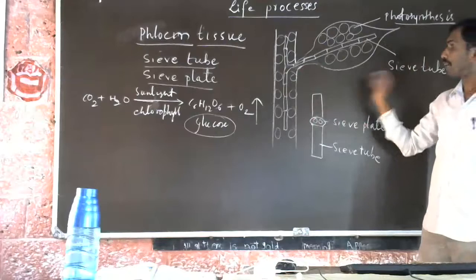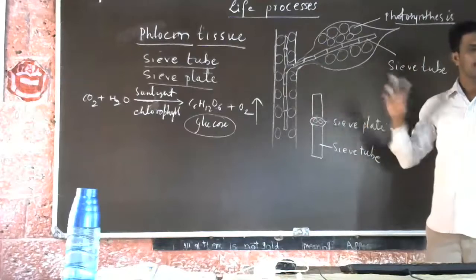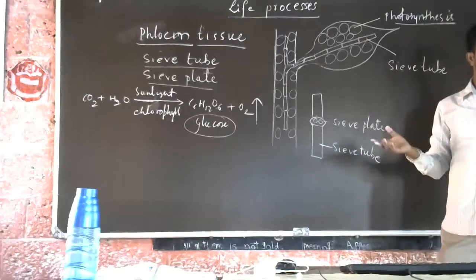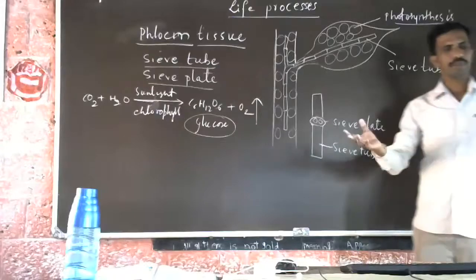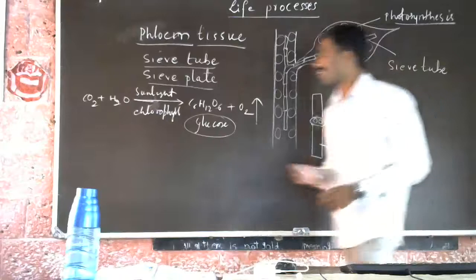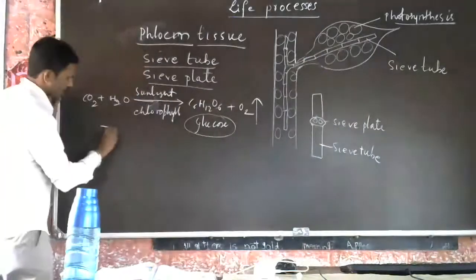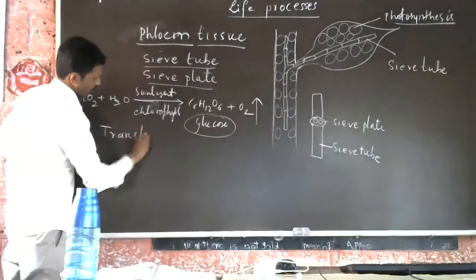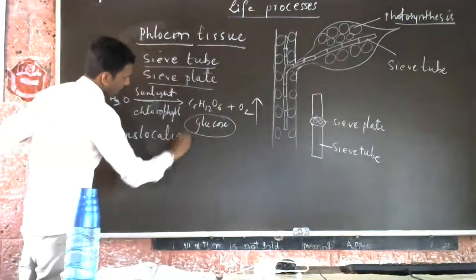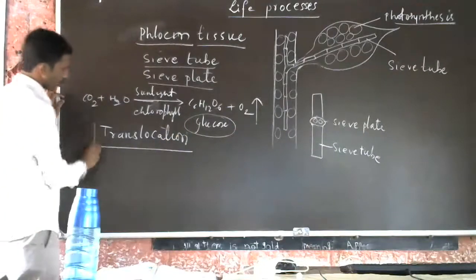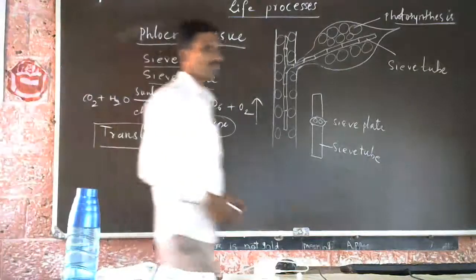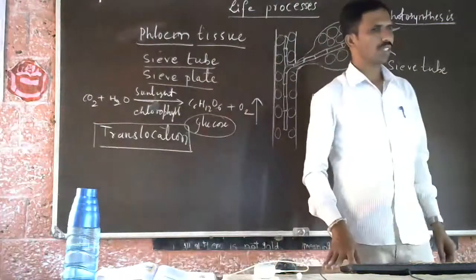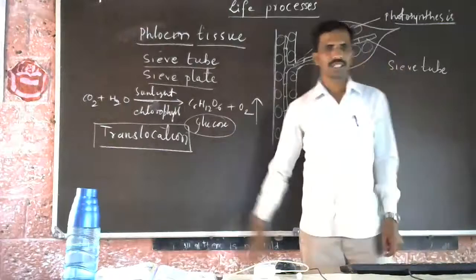So how is it transported? The transportation of glucose or carbohydrate produced by the leaves to all the different parts of the plant body is called translocation. We call it translocation, or simply conduction of food.